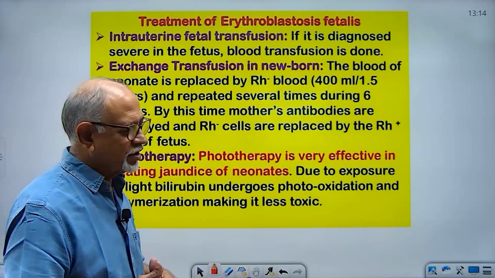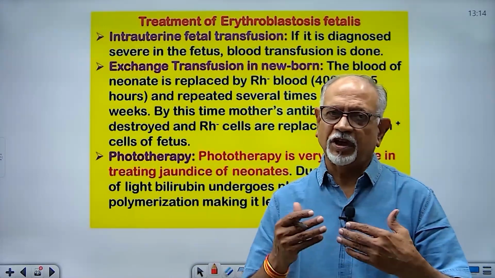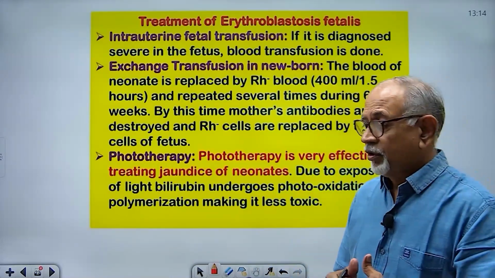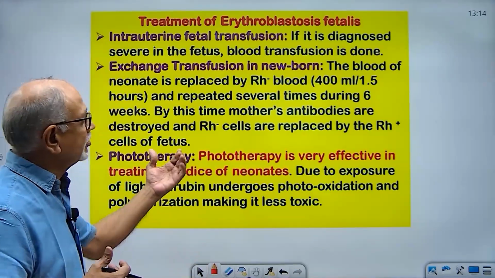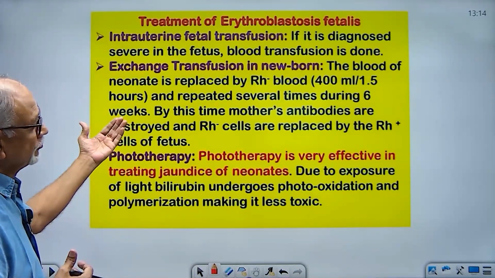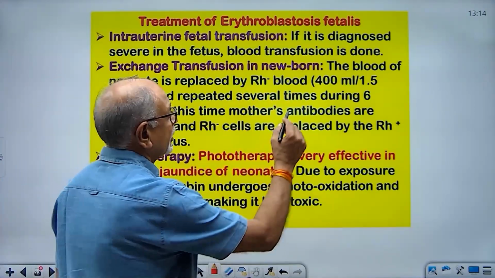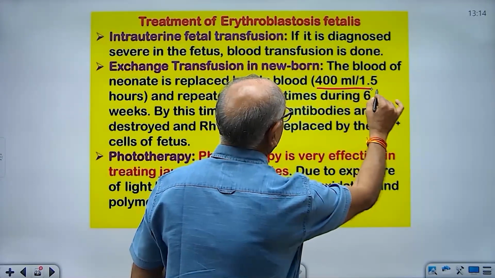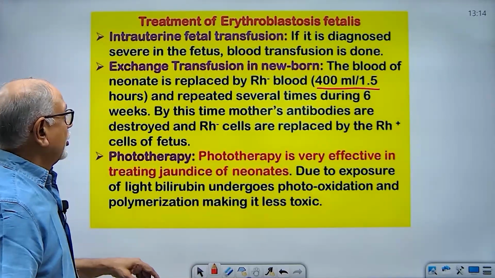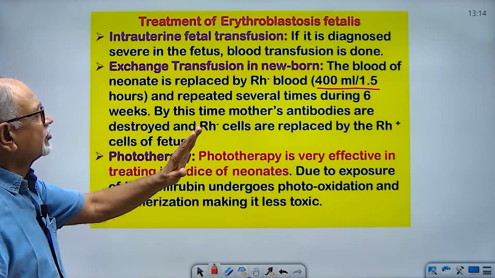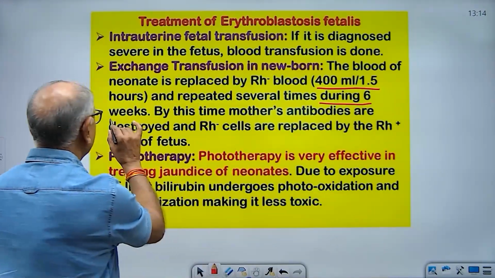As just mentioned, in erythroblastosis fetalis, the embryo has Rh positive blood. So, for treatment of that, Rh negative blood is regularly transfused into the newborn at the rate of 400 ml after every 1.5 hours, and it is repeated several times for as long as 6 weeks.